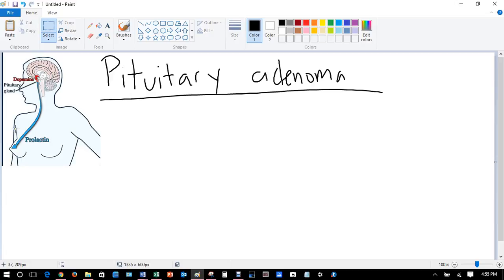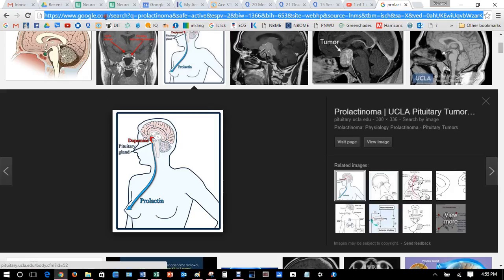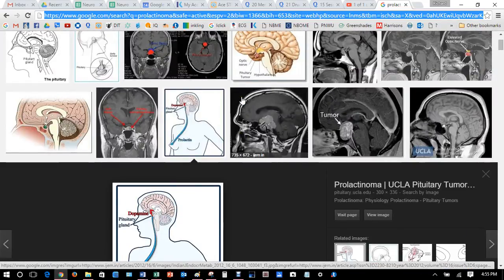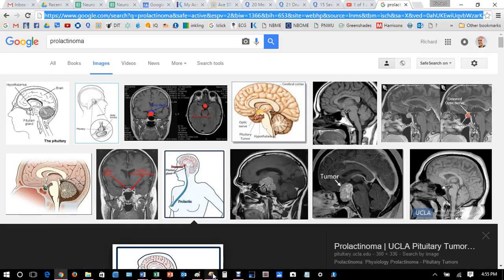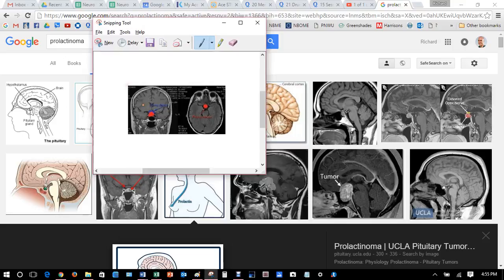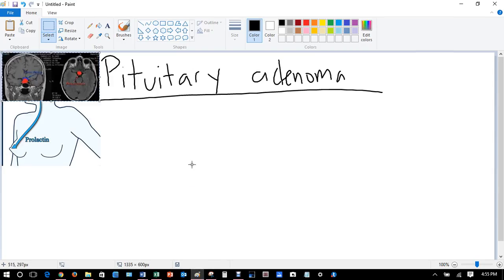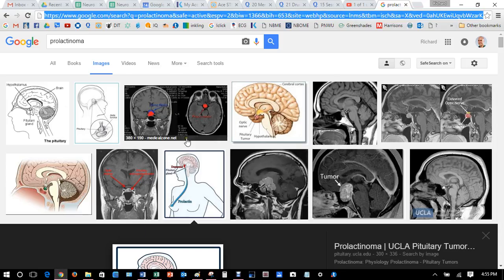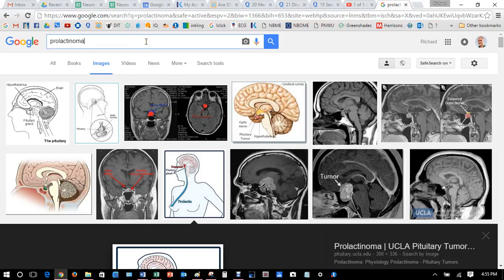Bitemporal hemianopia. Now this is kind of a cool thing, and I'm going to pull up the circle of Willis with this one. I want to find a better picture for exactly what I'm looking for, because it's about where it's situated in the brain.